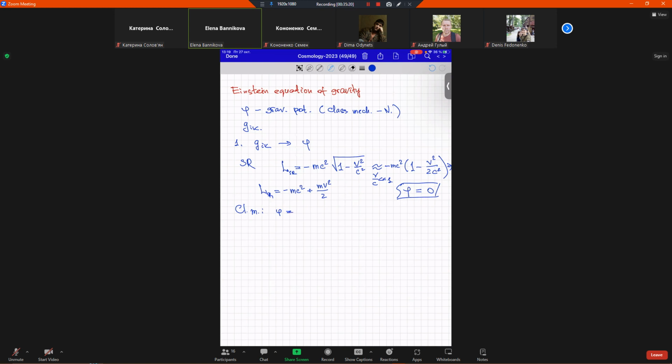We can put here minus Gm divided by R, as we know well. In this case, the Lagrangian has the form: this is the kinetic part, minus m multiplied by phi.